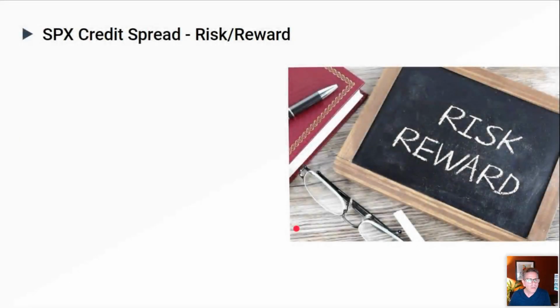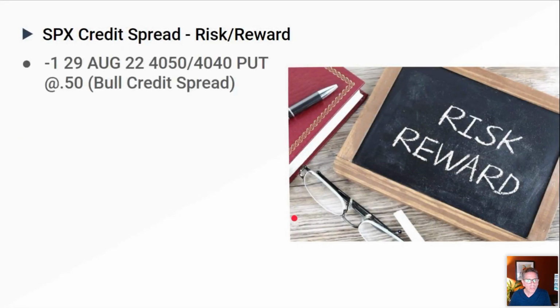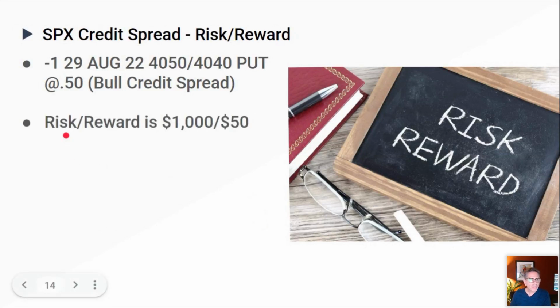All right, so let's talk a little bit about risk reward, because a lot of people like to have a better reward than risk. In this case, it's the opposite. Because it's a high probability trade, you kind of lose some of the risk reward. The risk is that you have to risk $1,000, and this is for what's called a 10 wide spread.